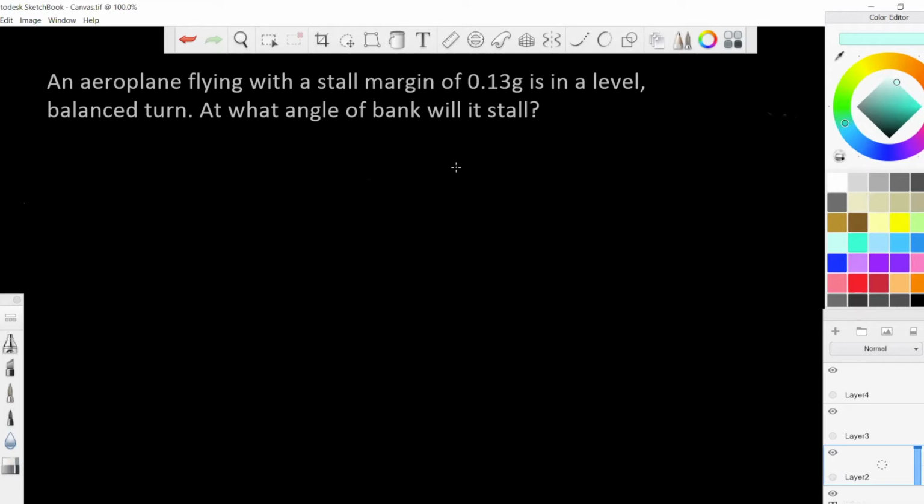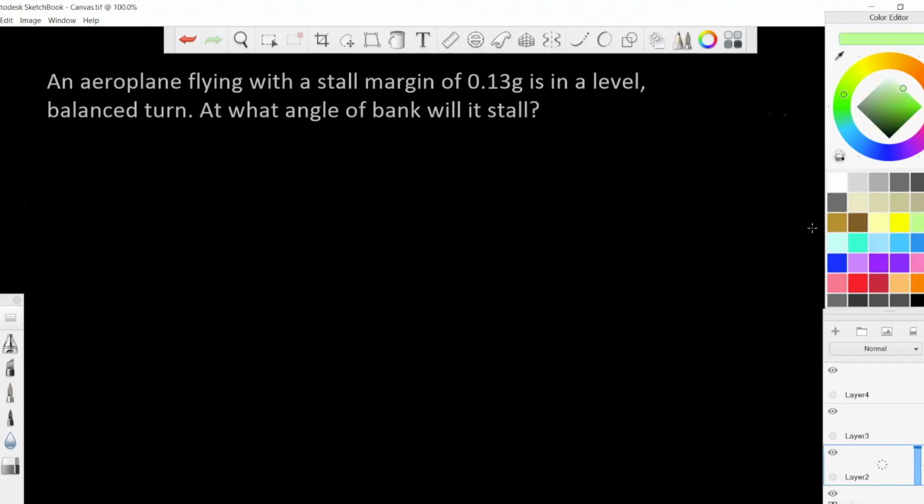If we go beyond a certain angle of bank, we know we will reach an accelerated stall. So any aircraft at whatever speed, if you bank hard enough in a balanced turn, will reach the point of stall. What angle of bank will this aircraft achieve the stall?